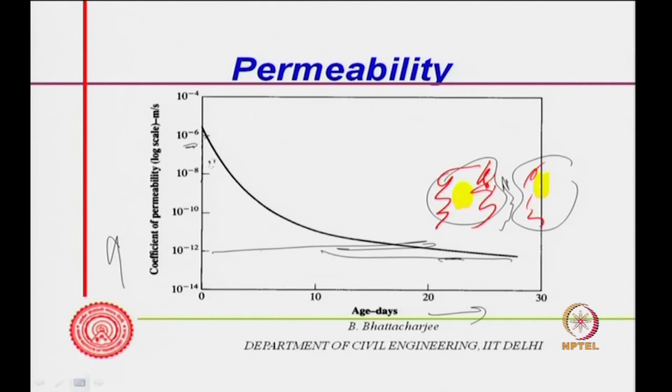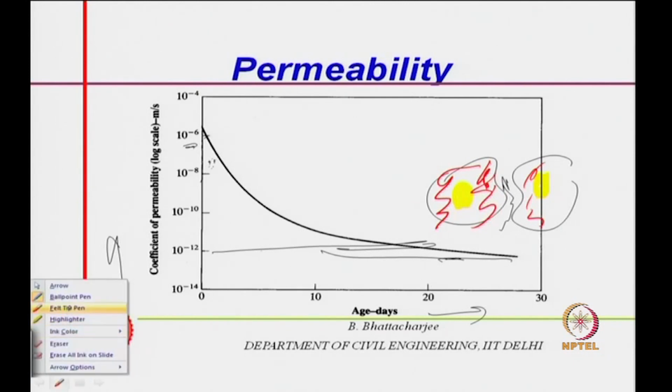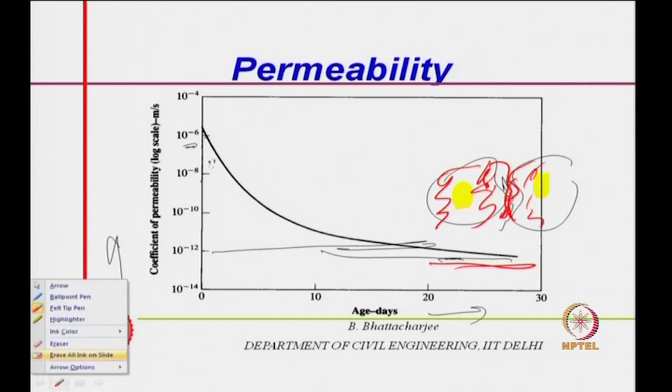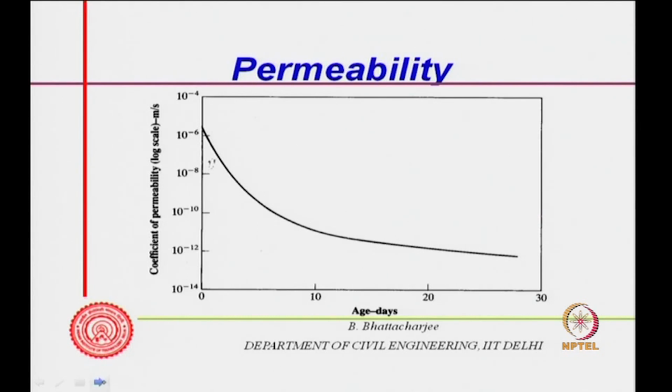As the hydration progresses, this would grow and reach there, and the capillary will get segmented, and we talked of capillary segmentation earlier. Therefore, interconnectivity will get reduced. So, with more hydration, first the total capillary will reduce and segmentation will increase, they will be less interconnected, therefore permeability tends to reduce.